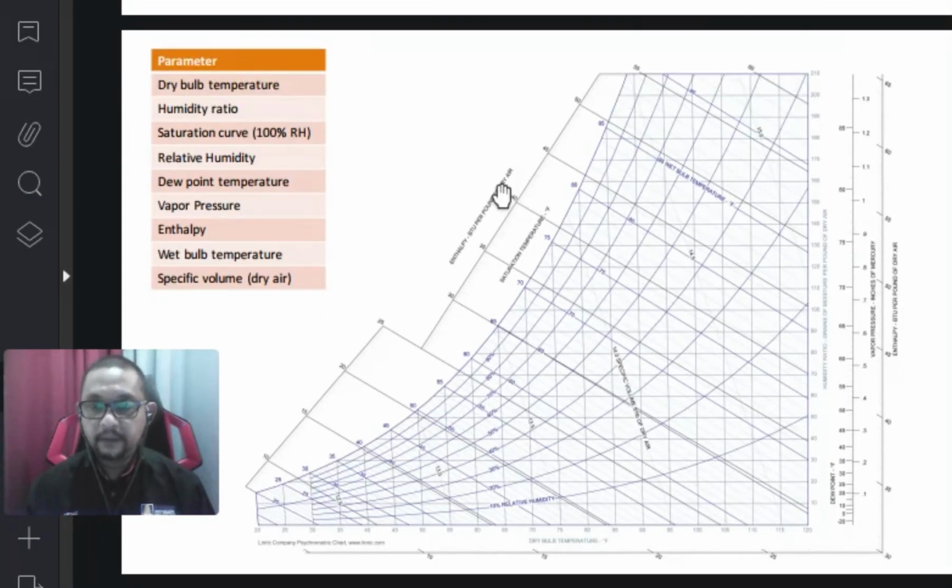The parameters or properties in this psychrometric chart are dry bulb temperature, humidity ratio, saturation curve, relative humidity, dew point temperature, vapor pressure, enthalpy, wet bulb temperature, and specific volume, meaning per unit of dry air.